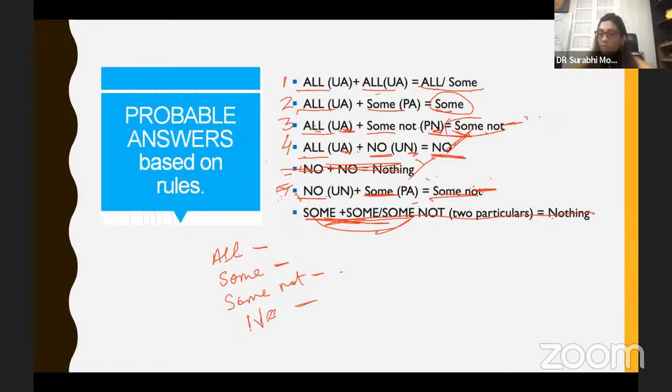So remove it. You know your answer cannot be no. 2 affirmatives cannot give you a negative answer. And if you see all and no, you know your answer will always be a negative. Right?